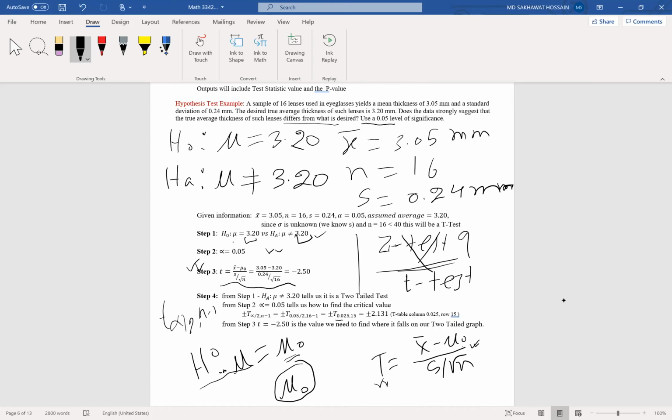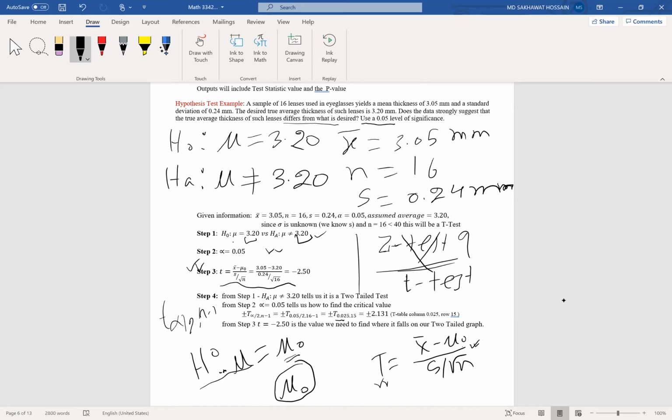You can see here the critical value. So how many critical values will we have in this case? We'll have 2 critical values because this is a two-tailed test. For each tail, we'll have 1 critical value. So we'll have 2 critical values here, and both of them will be the same value with different sign.